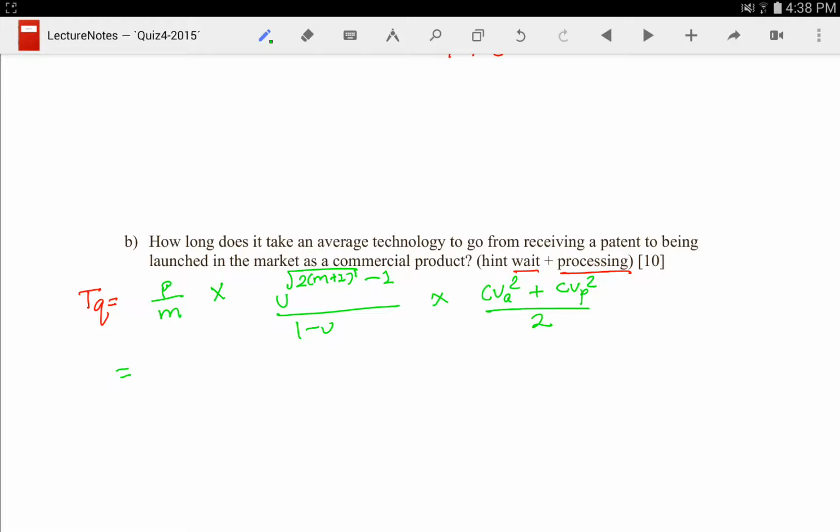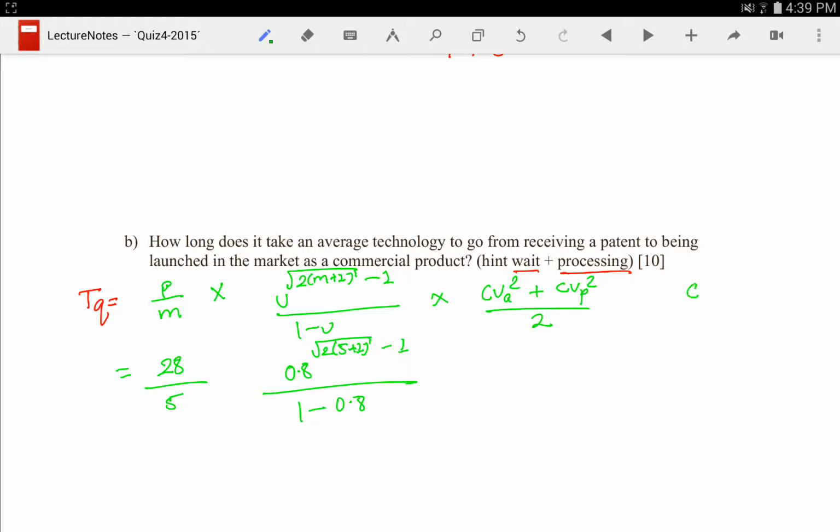We already have P, the processing time of 28 months. M is the number of servers, that is 5. U we already have at 80%.